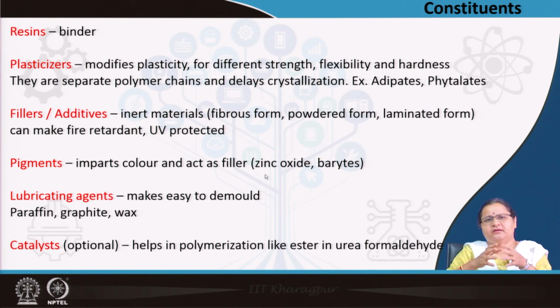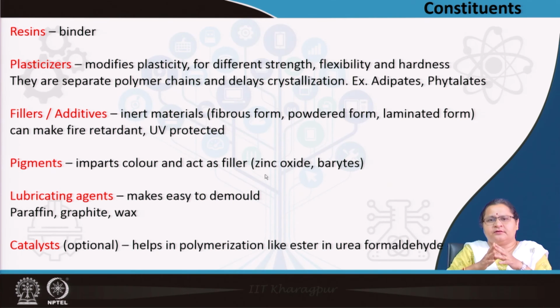You are adding something which is not altering the quality of the material, but it is acting as a filler material, giving it some body or mass to the main material. So, plastic items have a resin component and then we have the fillers, plasticizers, pigments, lubricating agents and the catalysts.